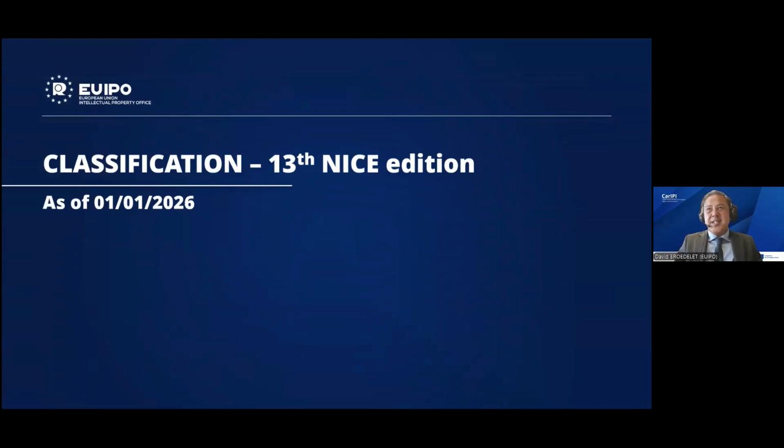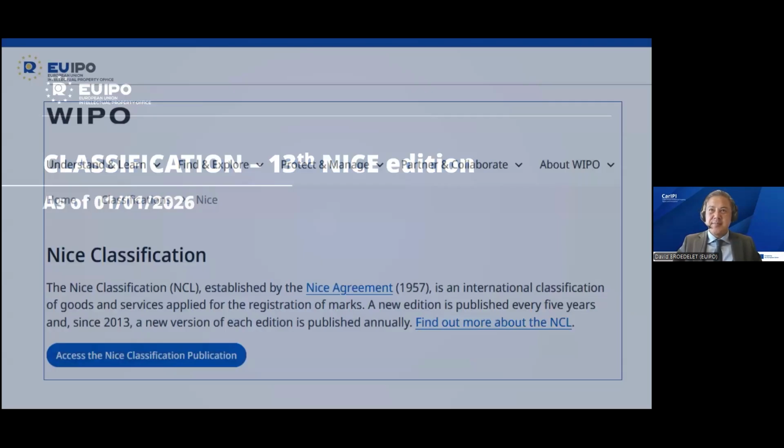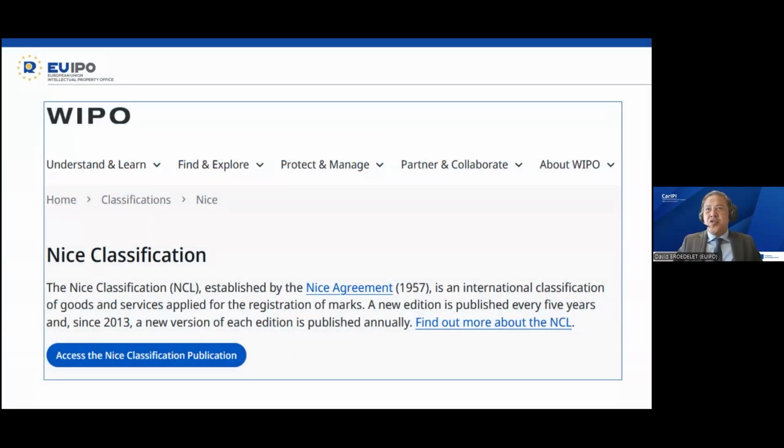Each classification has an edition that we work with. We are now working with the 13th Nice edition. Nice in France, as all of you know. And this started on the 1st of January this year, so quite recently. Here are just a few basics.